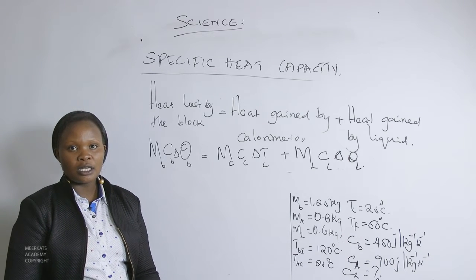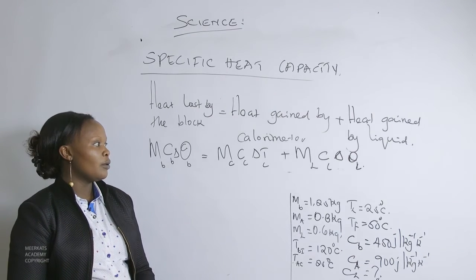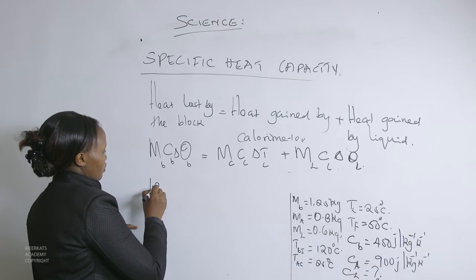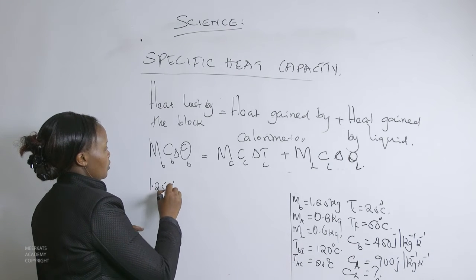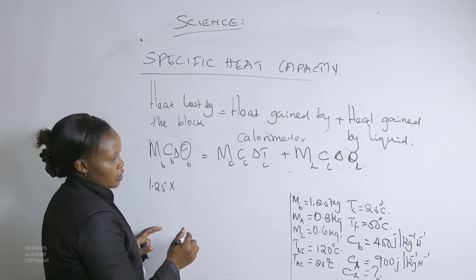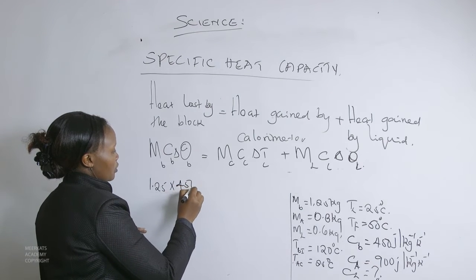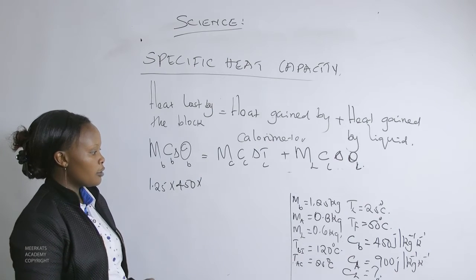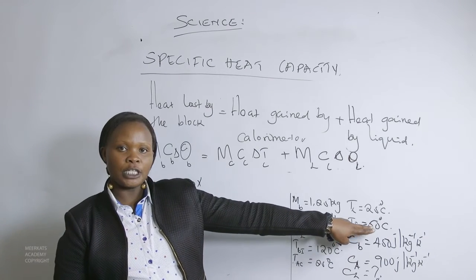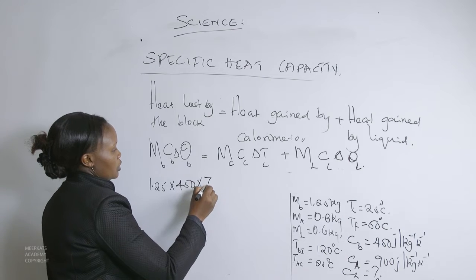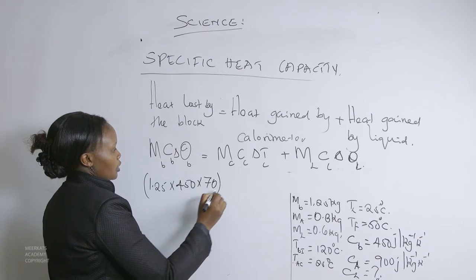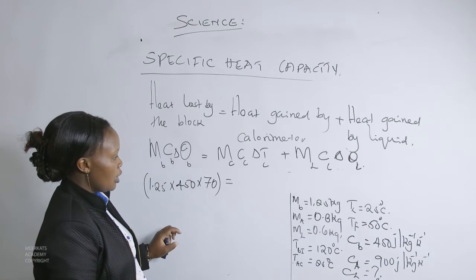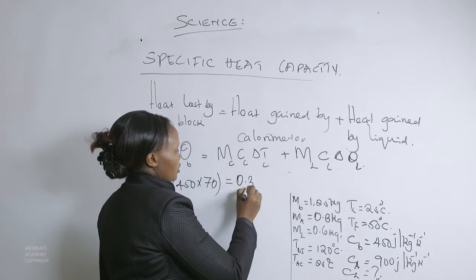Let us substitute the information that we have in our question. Mass of the block is 1.25. Specific heat capacity is 450, and the temperature change is from 120 to 50. We subtract and get 70, is equal to mass of the calorimeter, which is given as 0.3 kg.